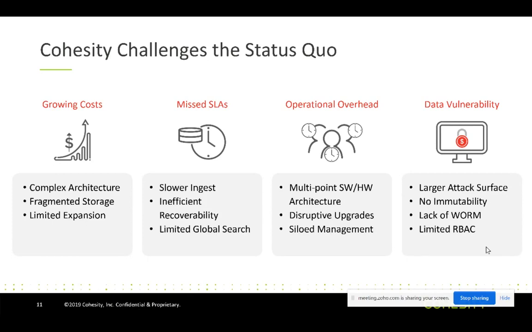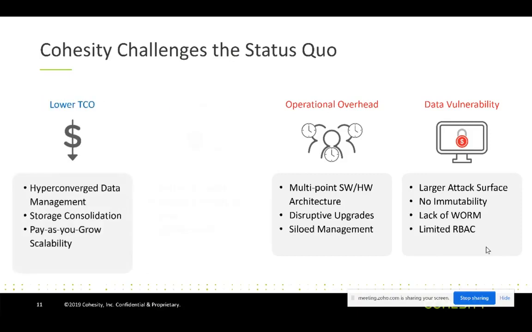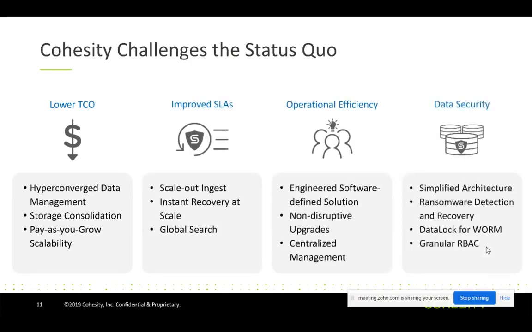So how can you avoid all this? Cohesity is changing this because of the simplicity and the consolidation you are going to see in the architecture, which eventually lowers the TCO for the end users, at the same time improving the SLA because of the simplicity and the seamless integration with the existing production servers, like virtual, physical, and databases.